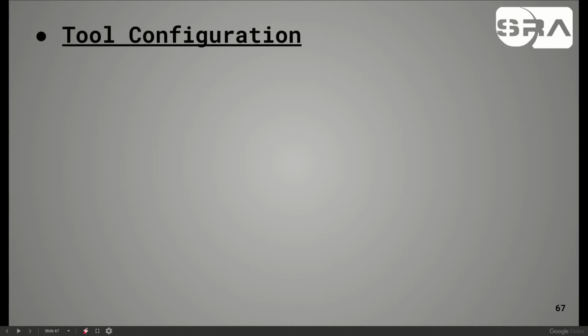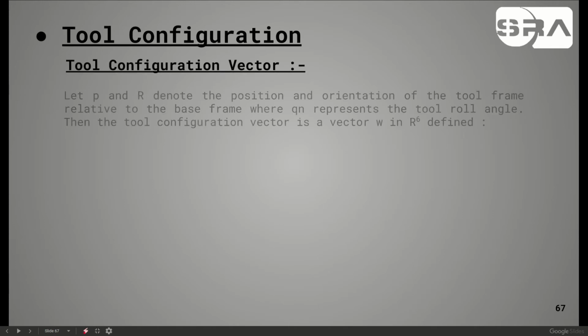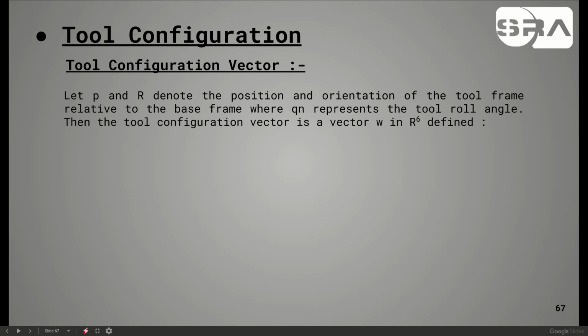Moving ahead, tool configuration. As we said, we have two quantities, the P vector and the R matrix. The P vector gave us the position of the end effector, whereas R gave us the rotational part of the end effector.